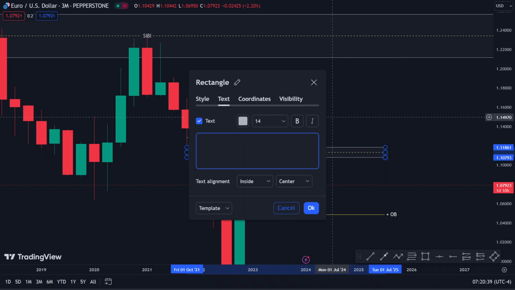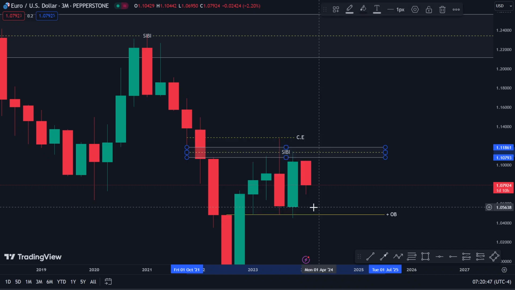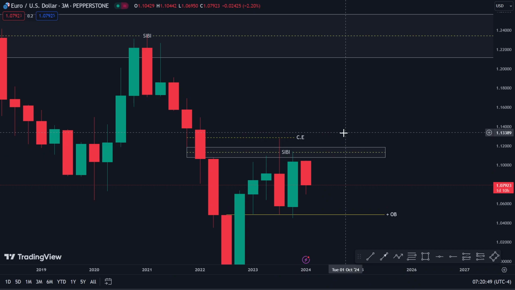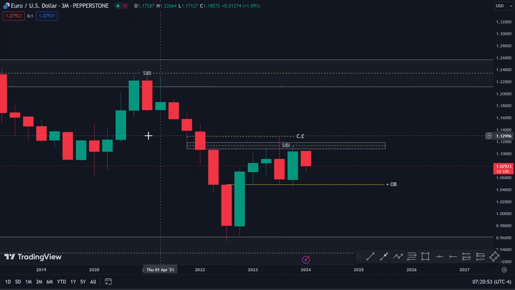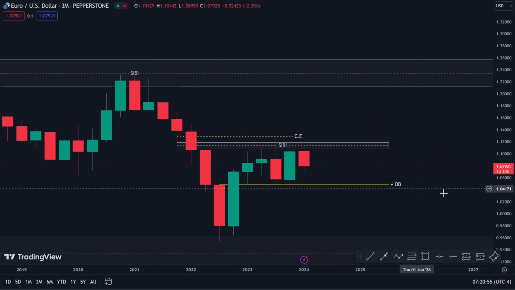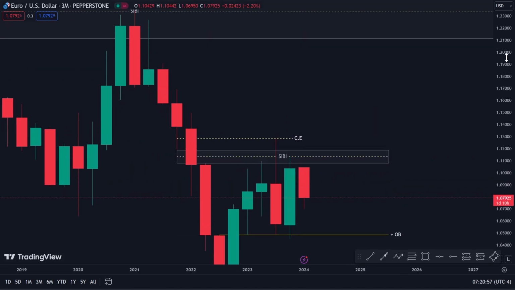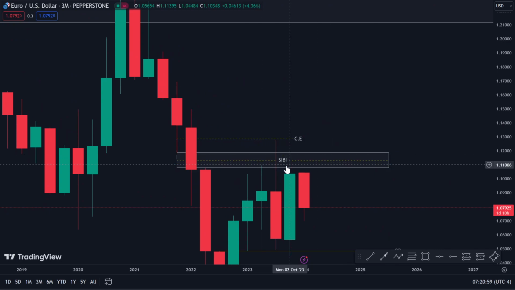This is our fair value gap in the form of a CB. CB meaning sell side imbalance, buy side inefficiency. Price was delivered on the sell side, and as such it lacked the buy side delivery.